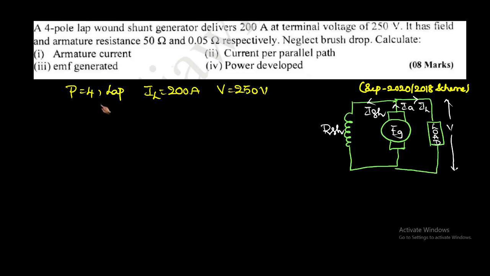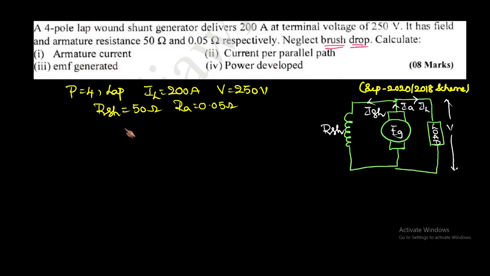The field resistance RSH is 50 ohms and the armature resistance is 0.05 ohms respectively, and it is given to neglect the brush drop, so no need to consider the brush drop. Finally it is asking for the armature current per parallel path, EMF generated, and power developed.